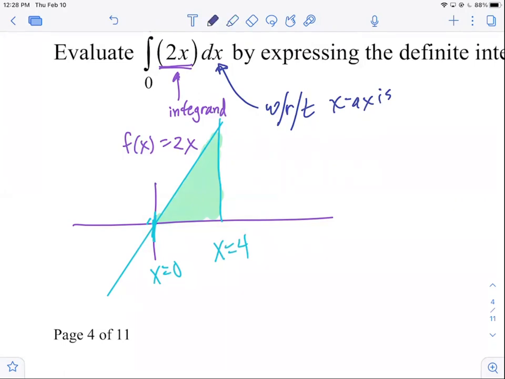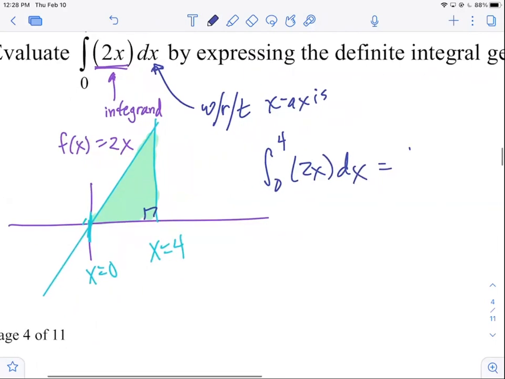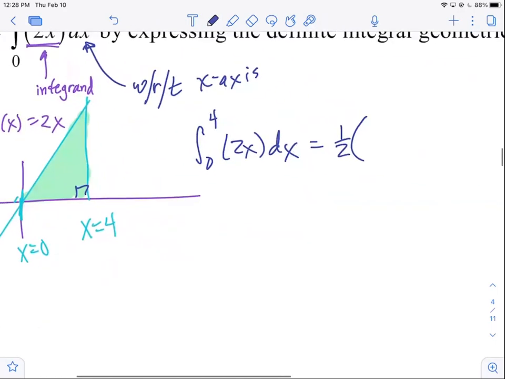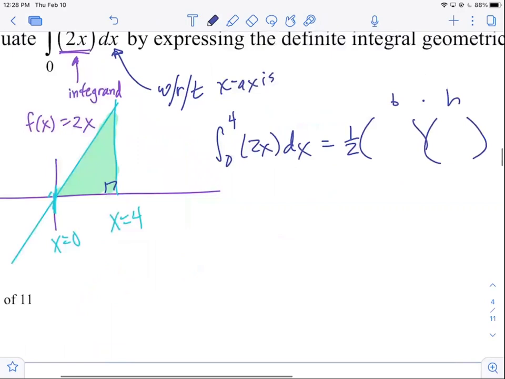So in this case, how do we find it? Well, it's just a triangle, right? It's a right triangle. So we know that the integral from 0 to 4 of 2x dx is just the area of a triangle, which is 1/2 the base times the height. So what is the base from 0 to 4? Well, it's 4 minus 0, yeah?